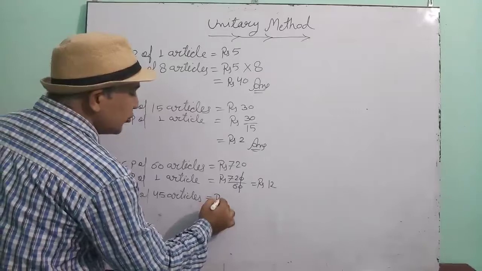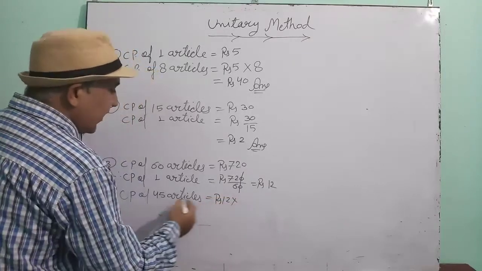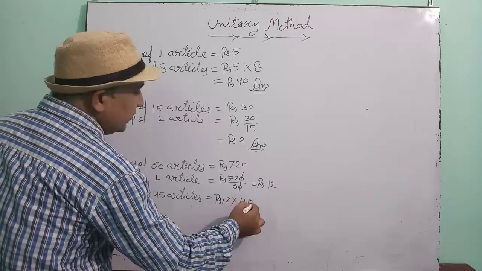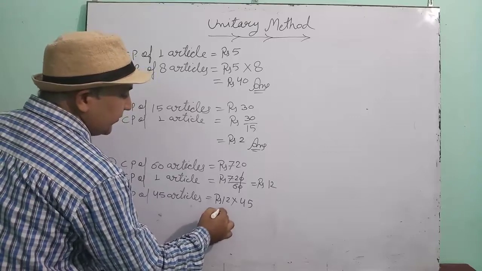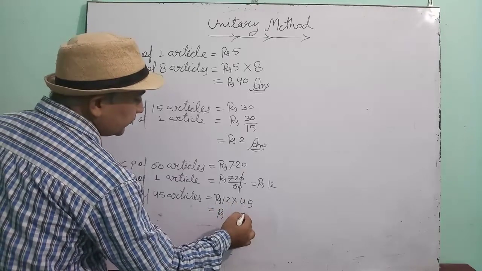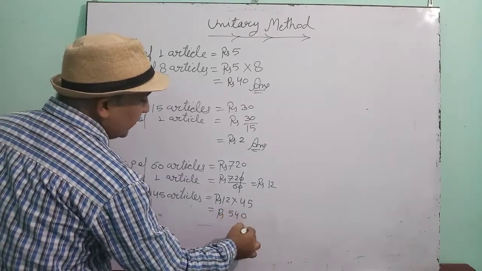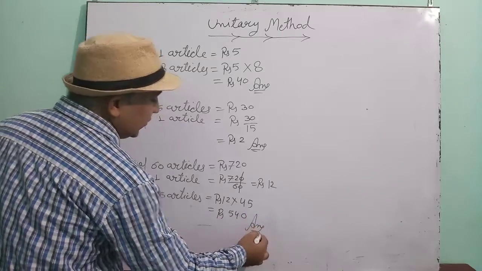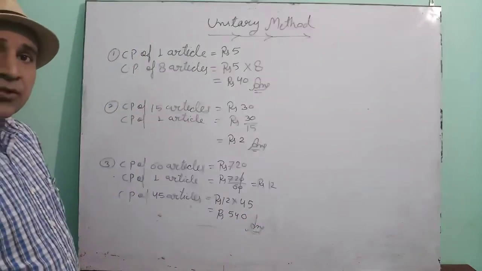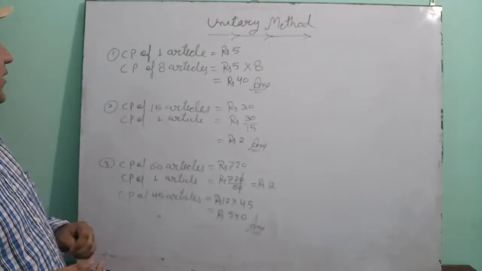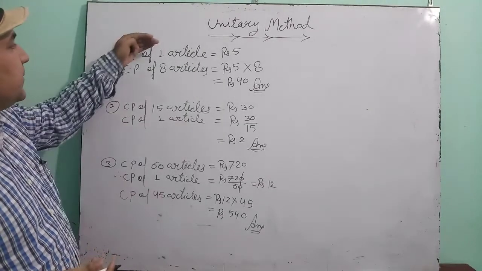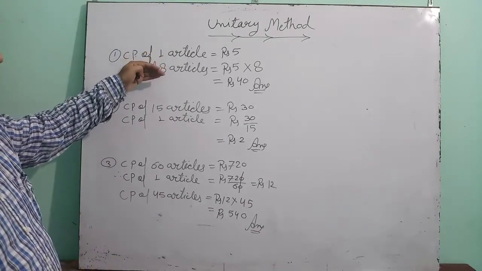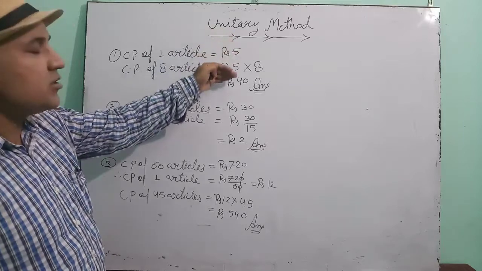Value of 1 is 12, so value of 45 will be this 12 multiplied by 45. Okay, 540 rupees.